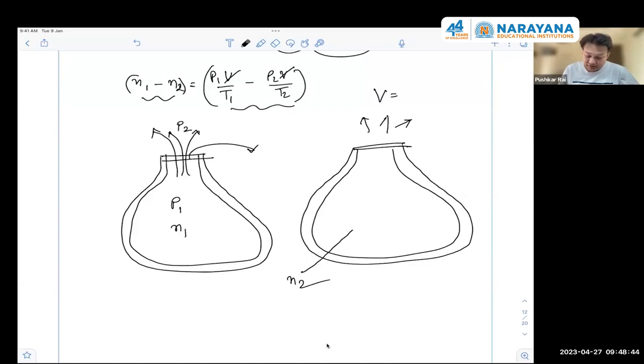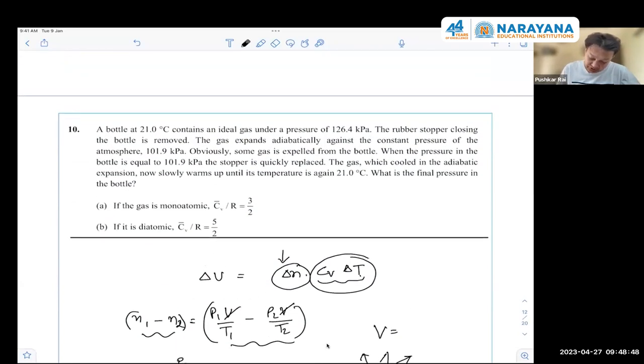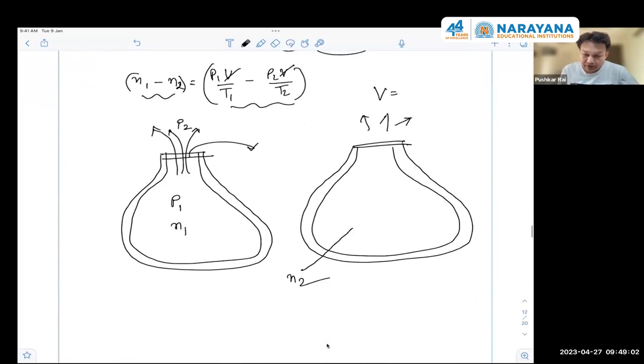At this point, you have to read the question carefully. Some gas expelled to fall over. The pressure in the bottle is equal to this. Stopper is quickly replaced. The gas which cooled in the adiabatic expansion now slowly warms up until the temperature is again 21 degrees centigrade. So how will it warm up? It will not warm up on its own.